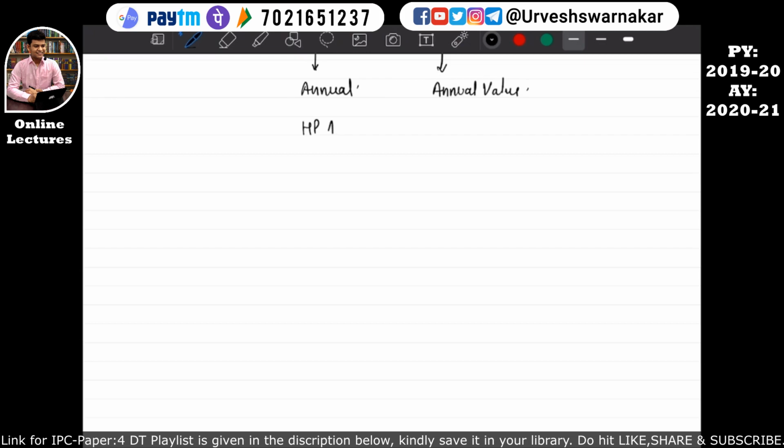House property 1, house property 2, house property 3, house property 4. The municipal value for house property 1 is rupees 10 lakhs, for house property 2 is 11 lakhs, house property 3 is 12 lakhs, and house property 4 is 13 lakhs.